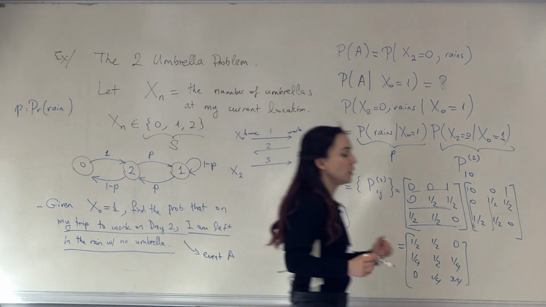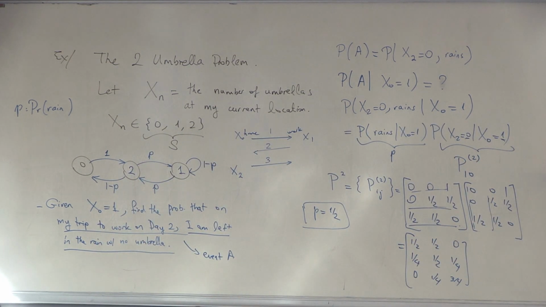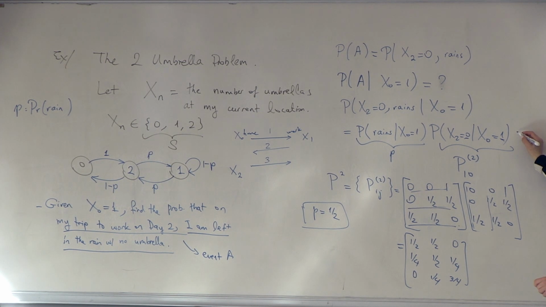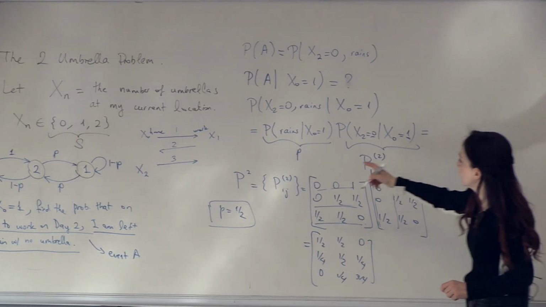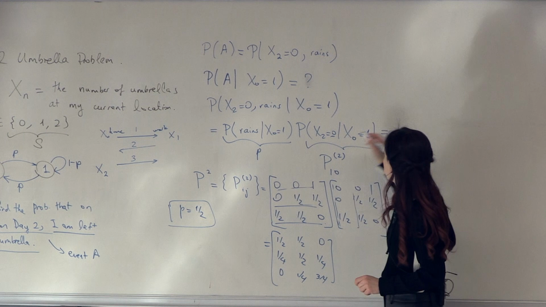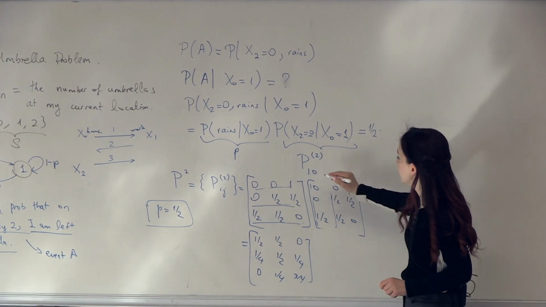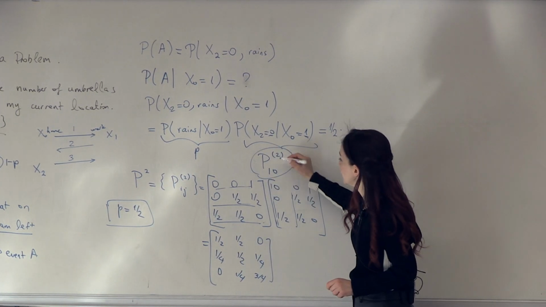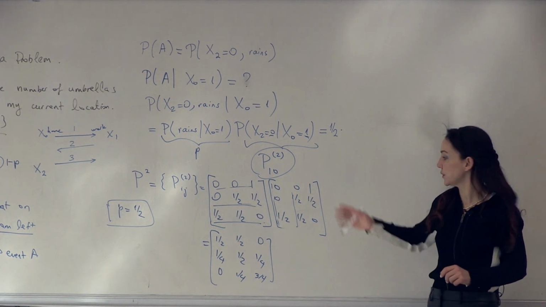Now, how do I use that to find the solution? Basically, it's p, which is the probability that it rains, multiplied by P_10^(2). What is P_10^(2) here?